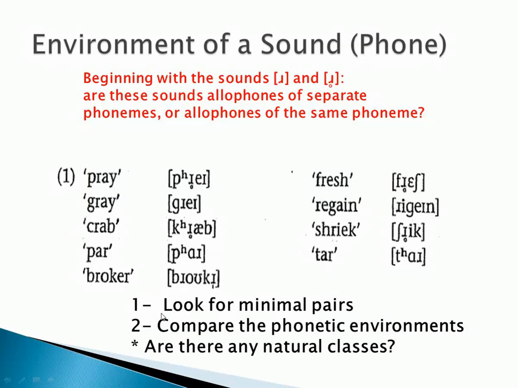Okay. After you look for minimal pairs, you're going to compare the phonetic environments. Now, what are the phonetic environments? Well, the sounds around that specific sound that you are analyzing. In our case, the two sounds of R. And also, keep in mind that you need to ask yourselves, are there any natural classes?